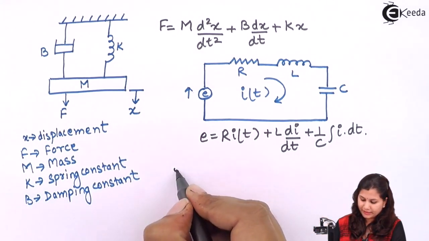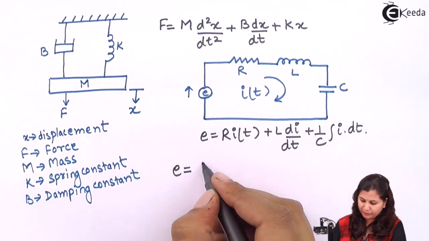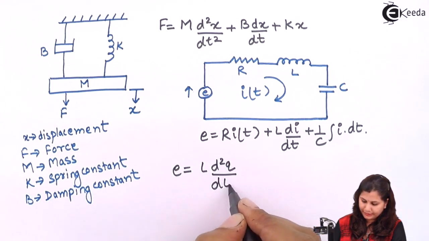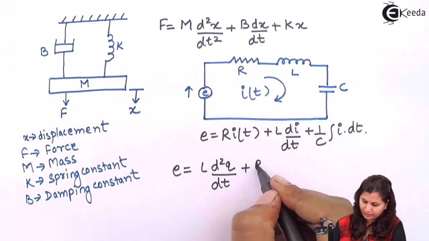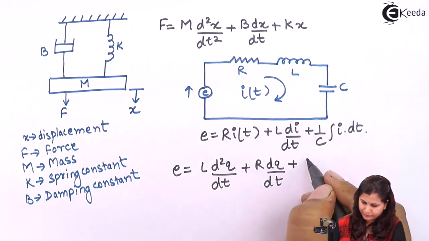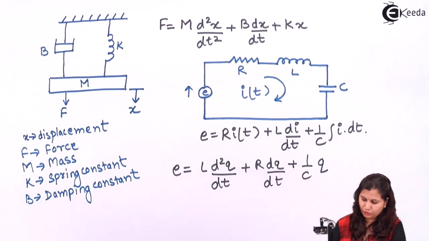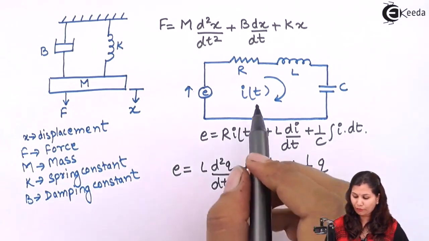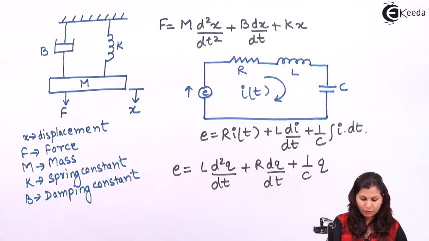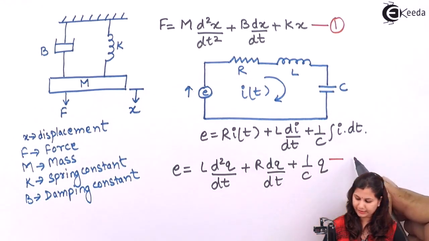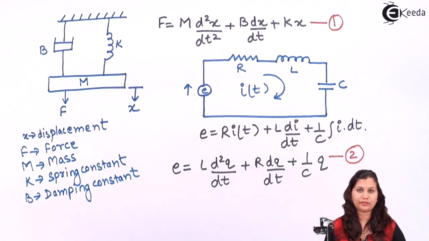Now if we replace this current with the charge, it will be L d2q by dt square plus R dq by dt plus 1 upon C q. So this is the mathematical representation of this electrical system. So we have two equations, this is the first equation and this is our second equation.